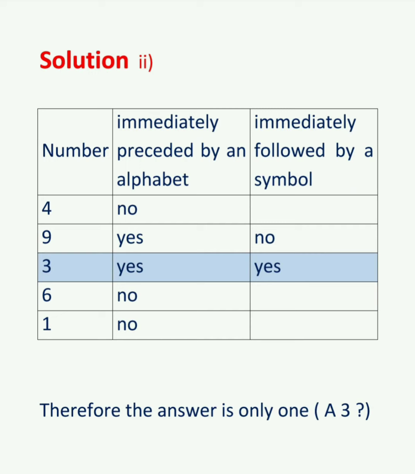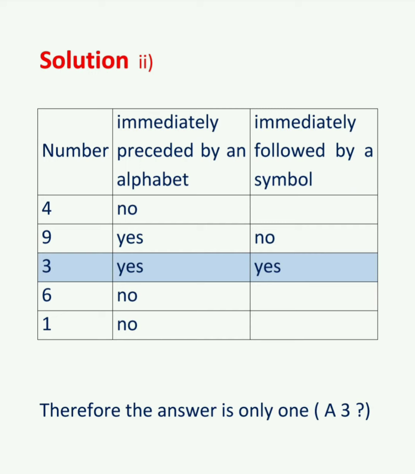Now we check the numbers one by one. Here the first number in the series is 4 and the last element in the series is 1. Therefore these two are not satisfied because 4 is not preceded by any element and 1 is not followed by any element. So 2 are cancelled.